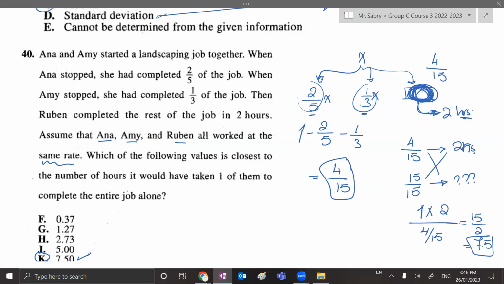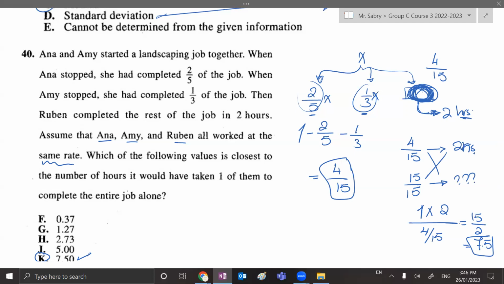Mister, what I did for this was I added both fractions to figure out how much was the percentage. But I got 0.6 in the end. That's what they covered, right? Yeah, so that's what they got done. Okay. Ruben got done 0.4, 40%.